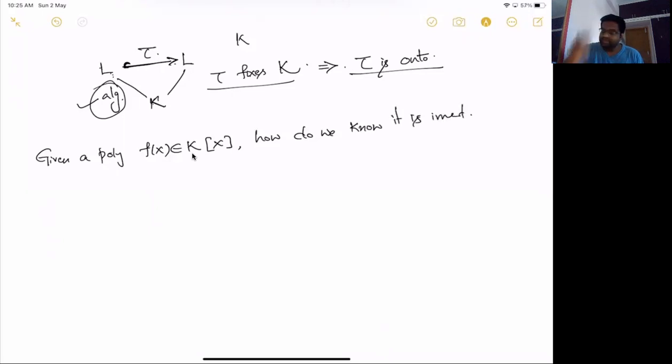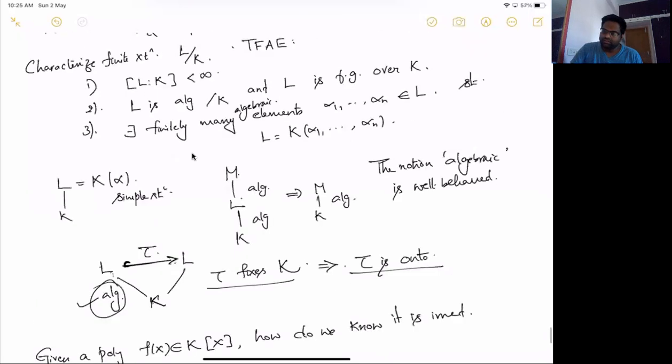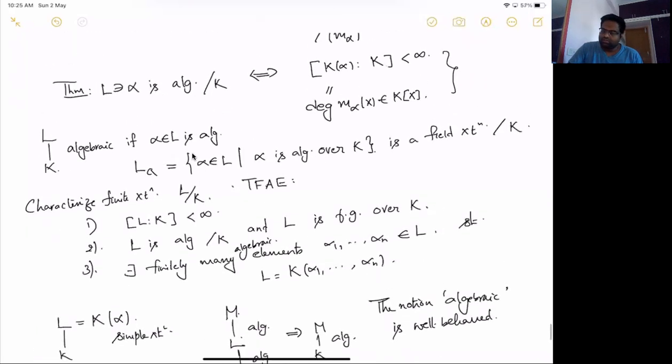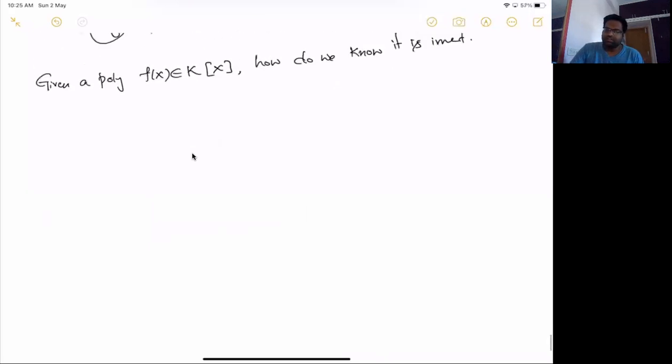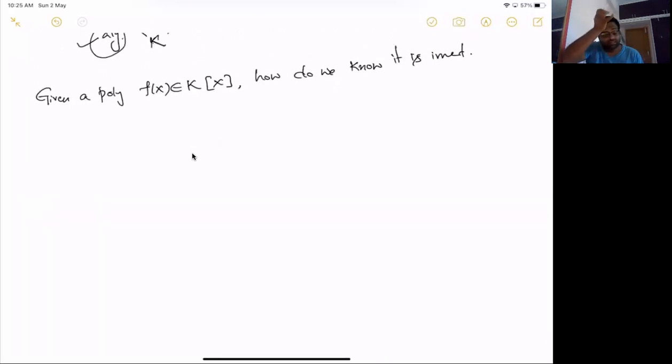Because we were able to construct field extensions by considering the minimal polynomials of alpha. So if you know irreducible polynomials in K[x], you'll be able to construct field extensions. In order to do that, first we need to understand how to test for irreducibility.